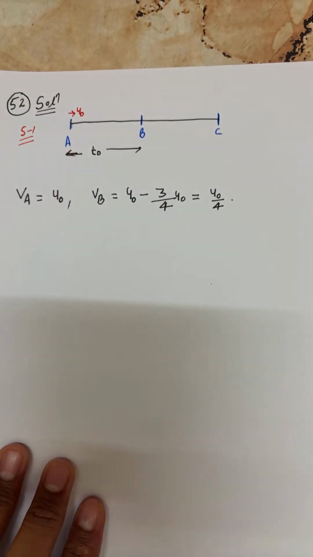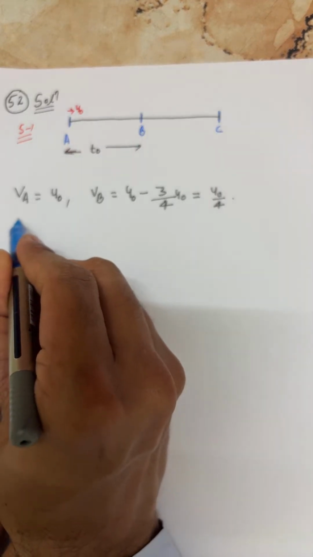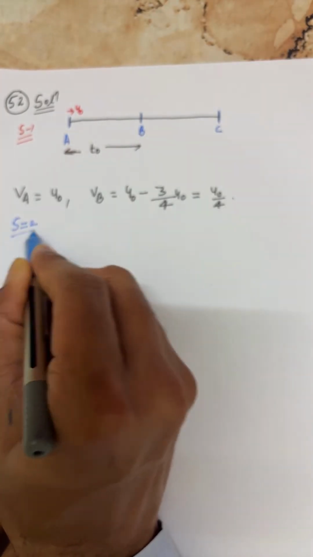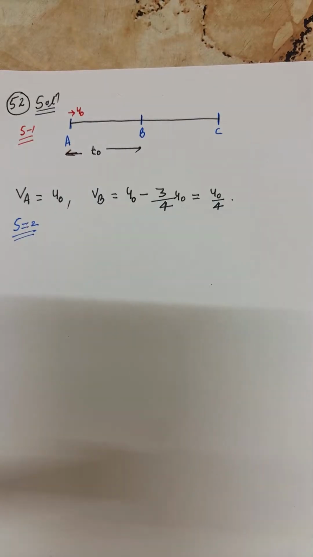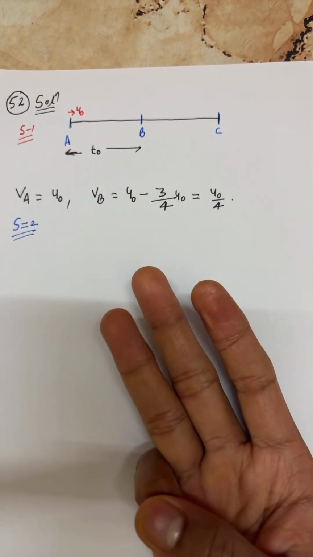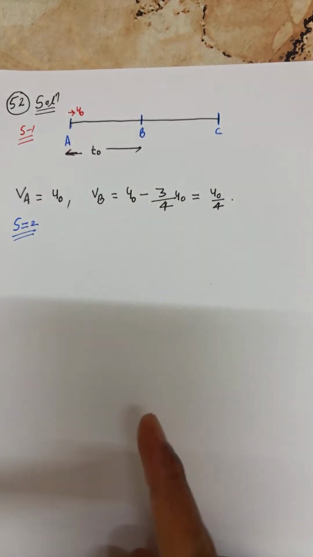Okay. Now students, I'm going to solve this question further. This is part of step two. Here I'm going to use an equation of motion, because we have three equations of motion. First, v equals u plus at.